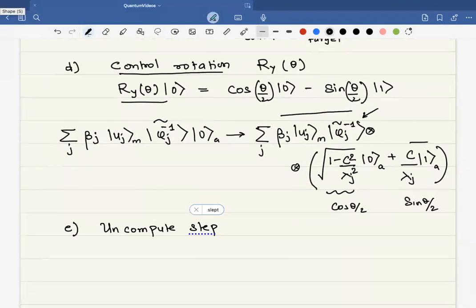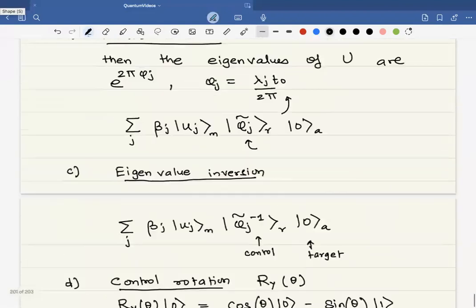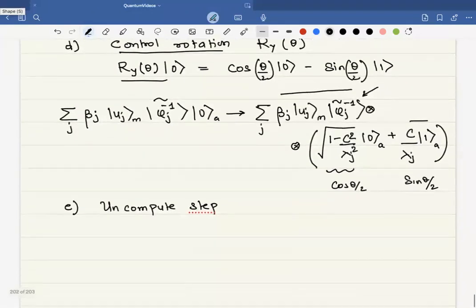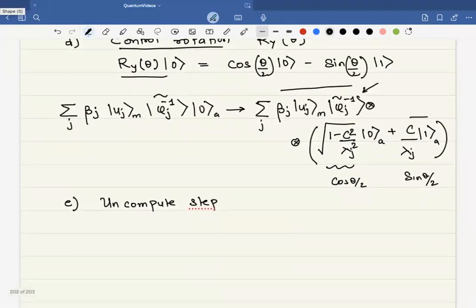And so after the uncompute step, we reverse the first step, which is basically the first estimation step. What that leads to is that the final state will be beta j uj.